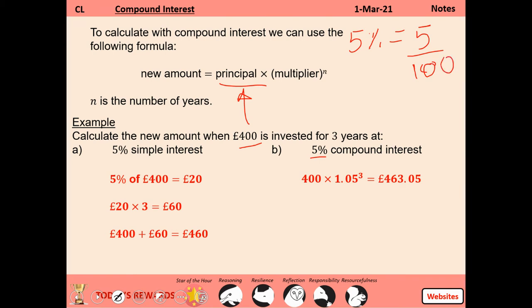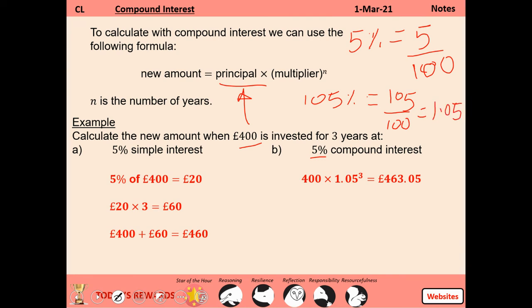But remember, if it's a 5% compound interest, it's going to be a 5% increase. Okay, anytime an interest is involved, it's an increase, not a decrease. So it's actually going to be 105%. Okay, working out as a fraction, that's going to be 105 over 100. And then working it out as a decimal would just be 105 divided by 100, which is 1.05.